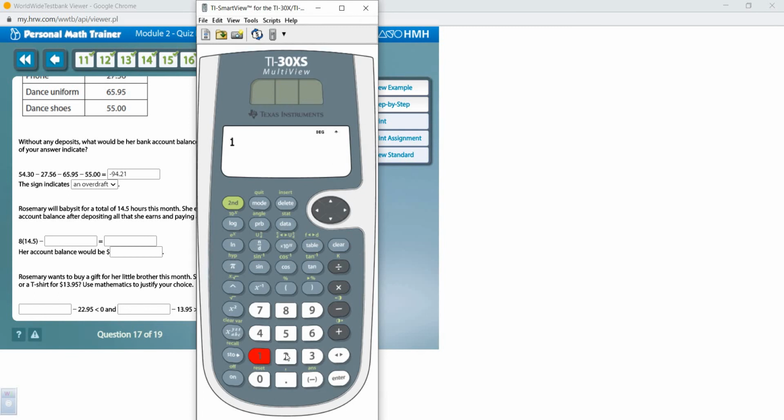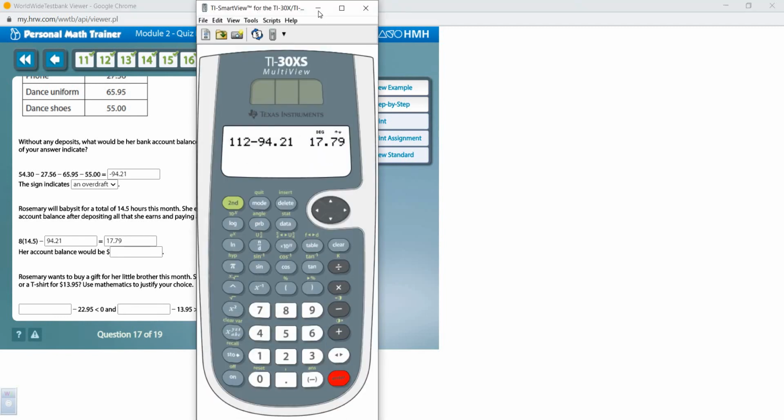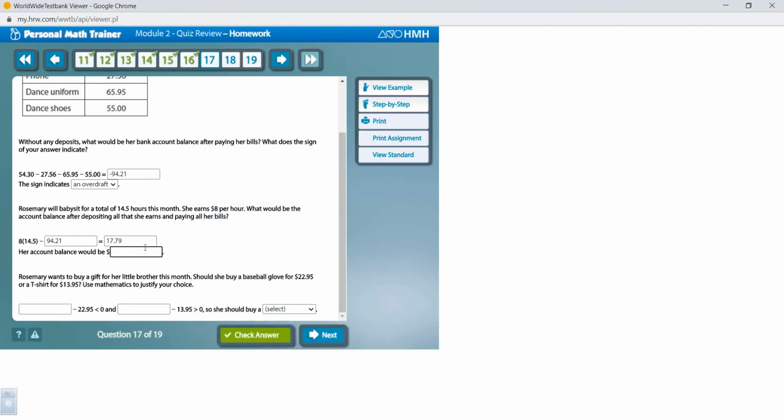So I'm going to go 112 minus 94.21, and I get 17.79. Let me double check. 17.79. That is correct. So the account balance would be positive 17.79. Wow, this is a long problem.